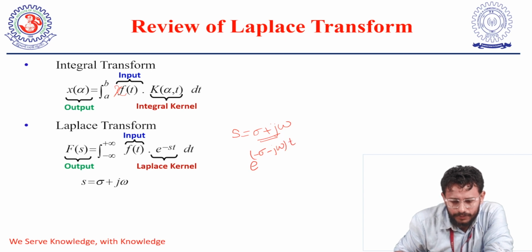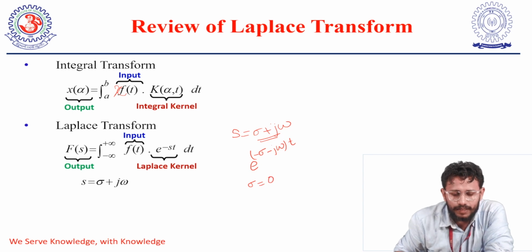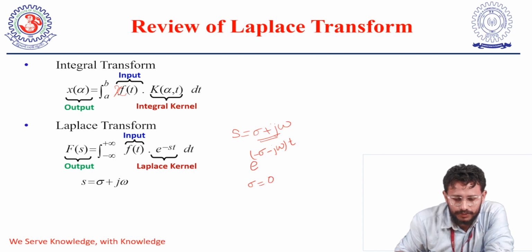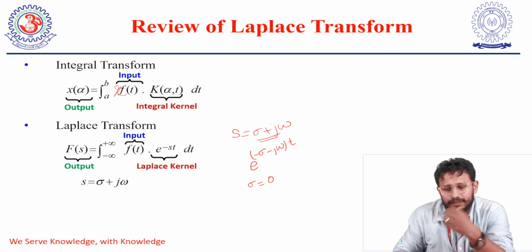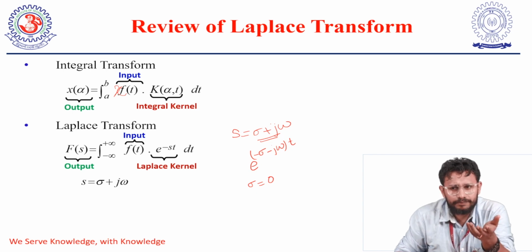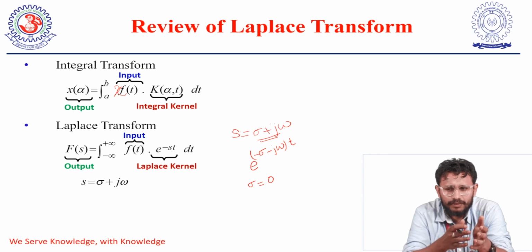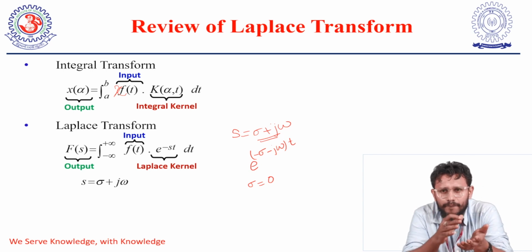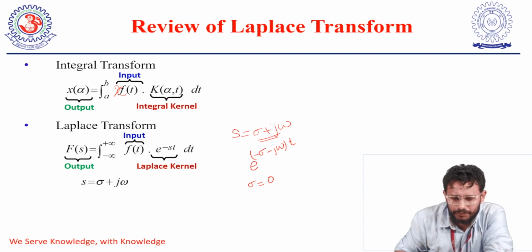And the moment you substitute sigma equals 0, wherein you want to merge the entire function into the frequency domain, you'd observe that this particular e to the power minus st has changed into e to the power minus j omega t.